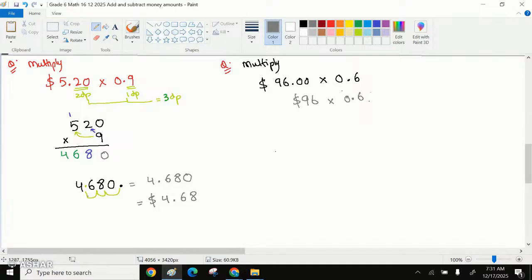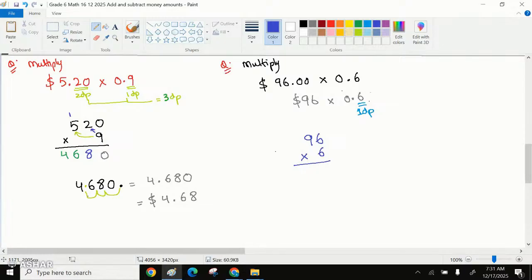Can we count the decimal places? How many decimal places are there? 96 does not have any decimal, but 0.6 has one decimal place. So if we multiply, can we say 96 multiplied by 6?